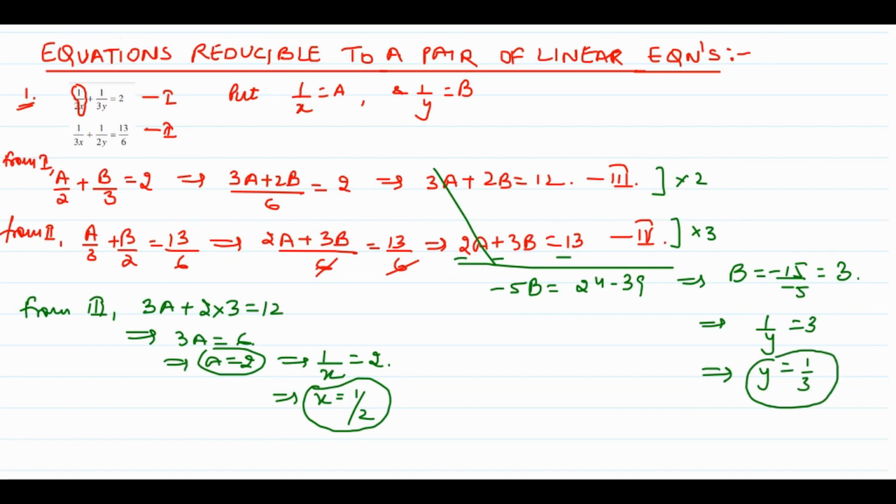We can do one more of this type. A similar question: we have 1 upon 3x plus y plus 1 upon 3x minus y equal to 3 by 4. And the second one is 1 upon 2 into 3x plus y, but this part is still the same. If I substitute this as a in both the equations, I'll get one of the variables as a and here 1 upon 3x minus y as b.